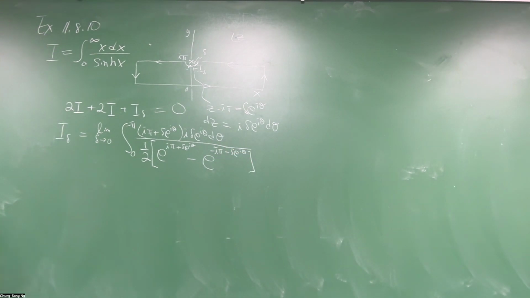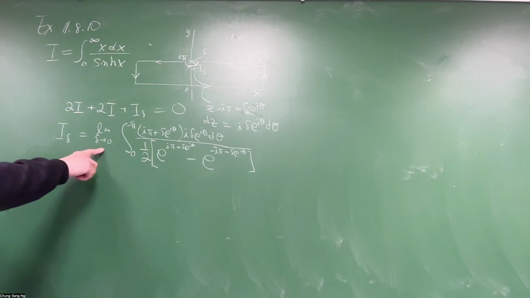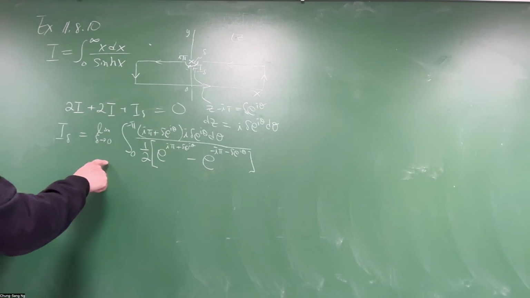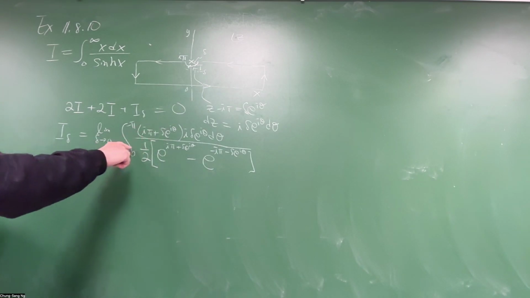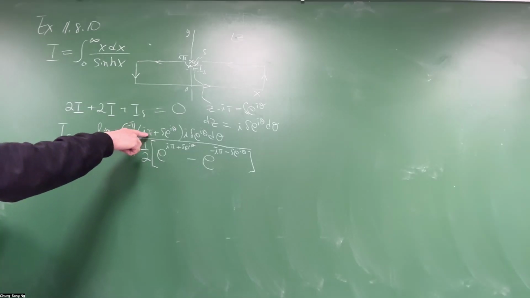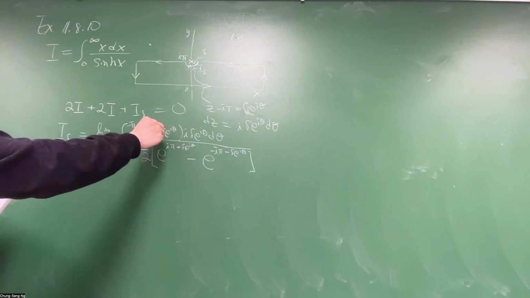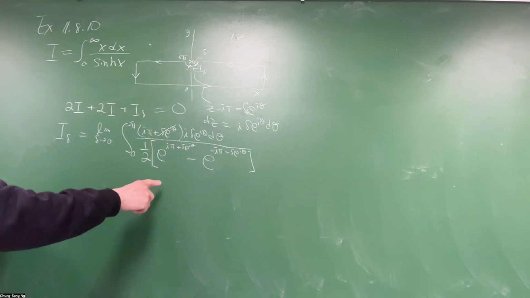Okay, so that's how we do it. And eventually we take the delta goes to 0 limit, but we can already drop some terms. This is i pi, and this is a delta, so you can drop this term compared with this one. So forget about that one.